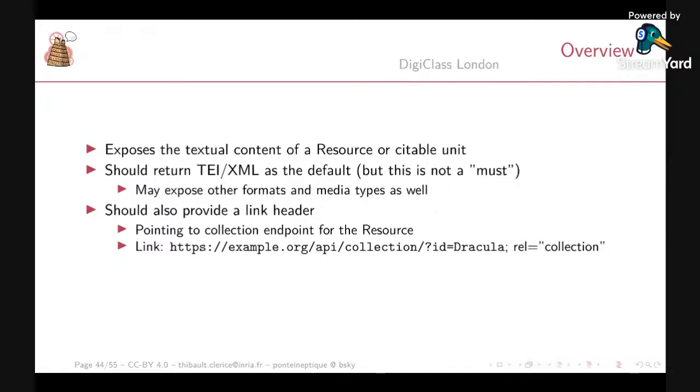One thing is that because it's TEI or it's HTML, there is no real way to know how do I go to the next passage or the previous passage, so we recommend, and that's another difference with level 1 of conformance, because a static website can't have that, to have link headers to say, here is the link to the collection, here is the link to the next passage, to the previous passage, etc.